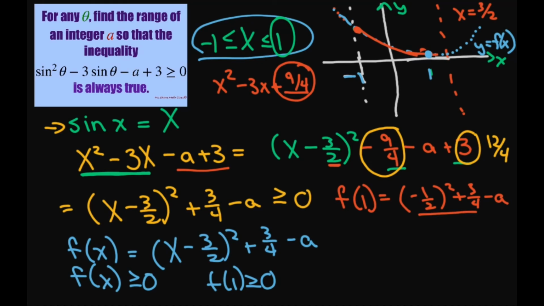And this is going to give you 1/4 plus 3/4. So that's going to be 1 minus a has to be greater than or equal to 0. Therefore, 1 has to be greater than or equal to a, or you can say a has to be less than or equal to 1. And that is your range right here.